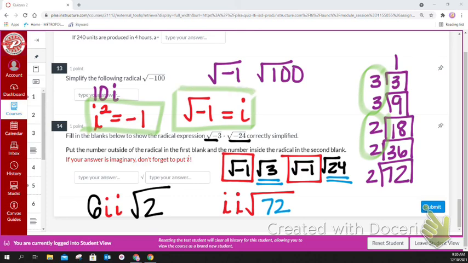So this i times i is really i squared. So what we really have here is 6 times negative 1 times the square root of 2. So my final answer, what you want to type in the first box, you want to type in a negative 6, because the 6 becomes negative because of the i squared. And underneath the square root in the second box is a 2.